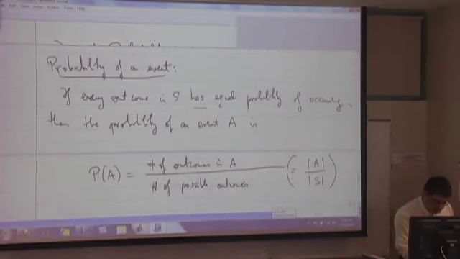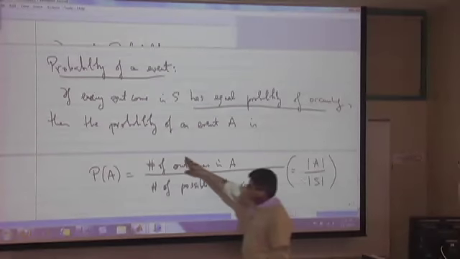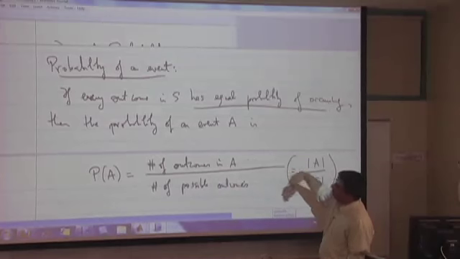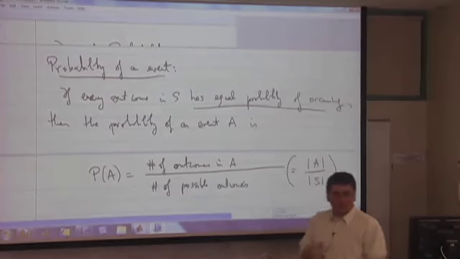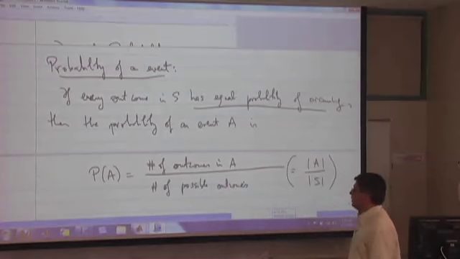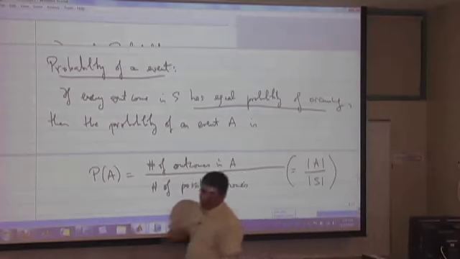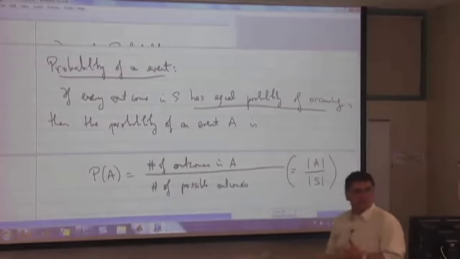And again, it's important that each outcome in this set has the same probability, or is equally likely, right? So this is a determination you have to make prior to talking about the probability of an event. You have to talk about the probability of an outcome occurring.